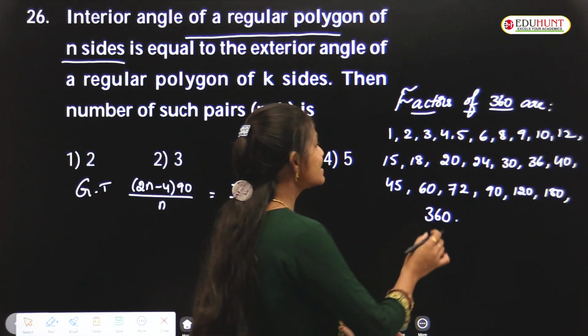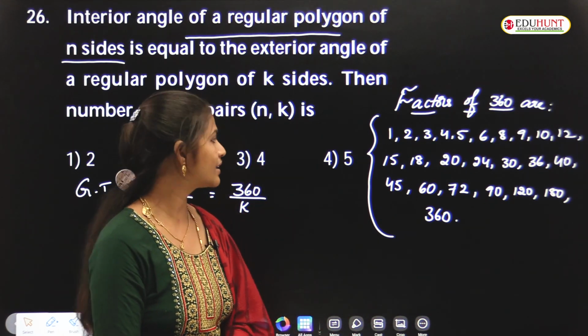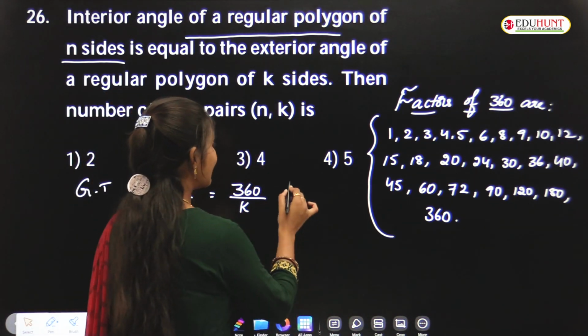Once you observe, these are all factors of 360. Why we wrote it like this: here k must be an integer.